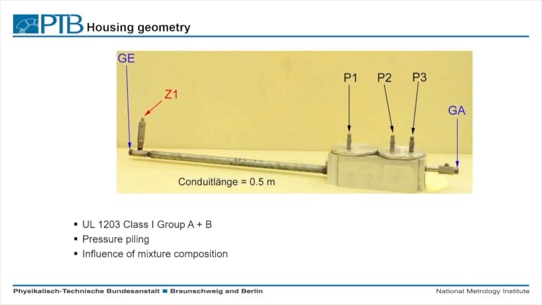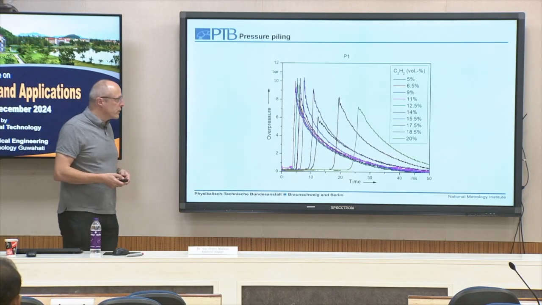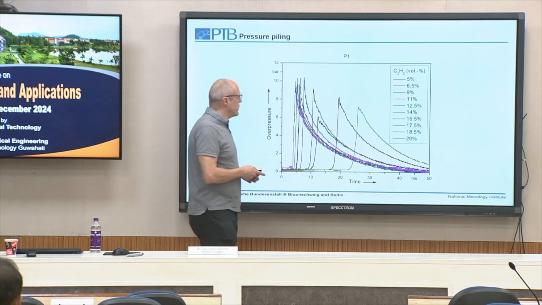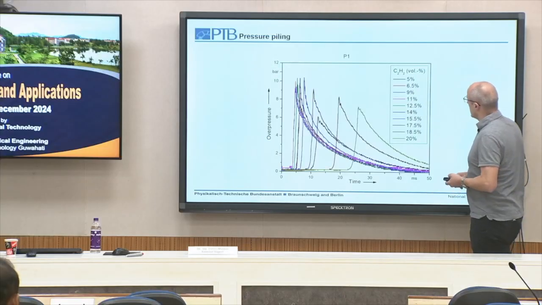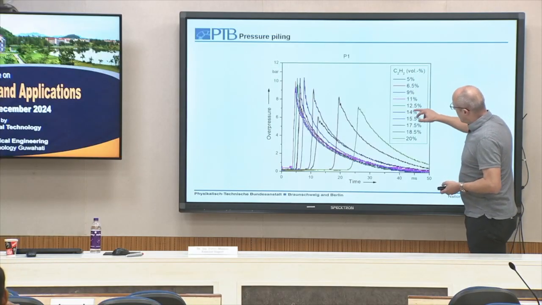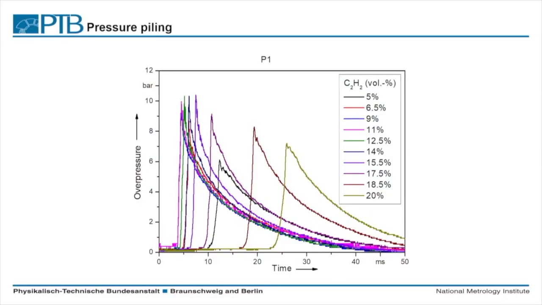Of course, it's different in Europe, but it depends on this standard. So when we see here, we use acetylene with different mixture compositions. And normally 14% gives us more or less the maximum value. So a slightly rich mixture. And you see here 14%. Okay, here this one has won the race, in this case 15.5%. So that's the P1 sensor, the one in the first chamber of the enclosure.